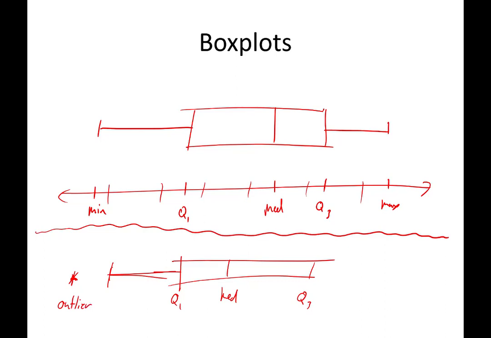So maybe you'll include it on the box plot as a star or a little X or something. And then you just extend your box plot down to your lowest observation that wasn't an outlier. So this is a nice way in a data set to show, okay, I'm showing you all the data, but I'm also showing you that I've flagged some of these observations as potential outliers. I'll show you how it looks in our example with our claims data. Okay.